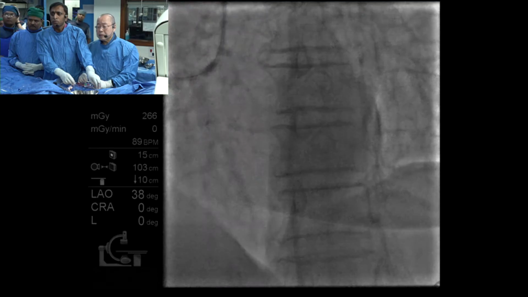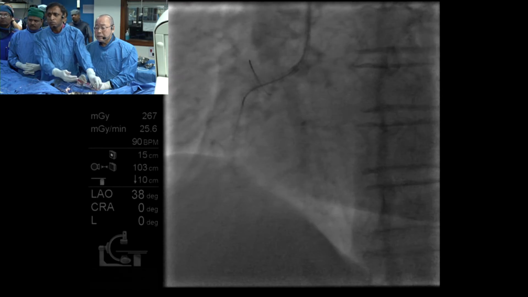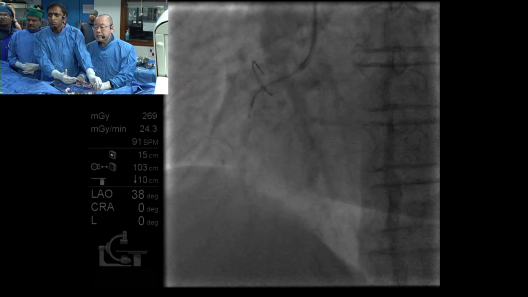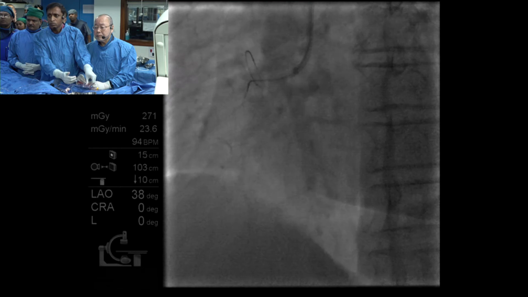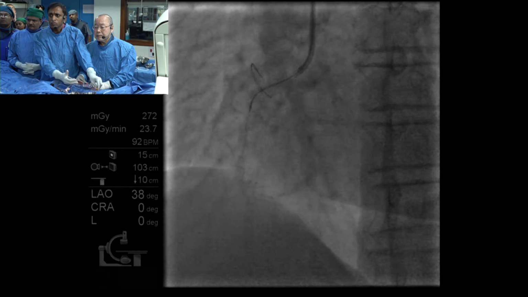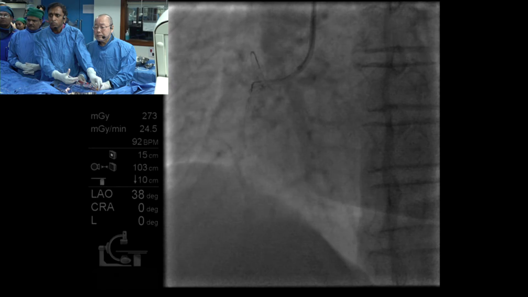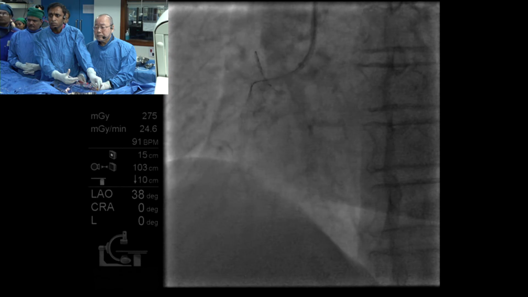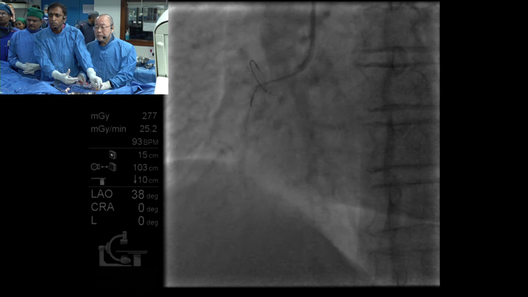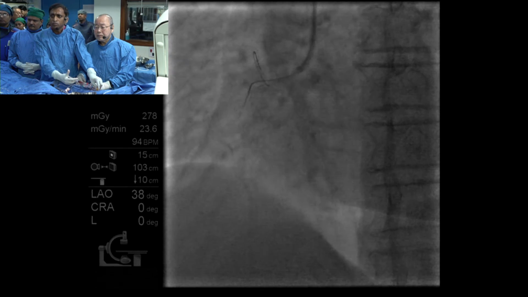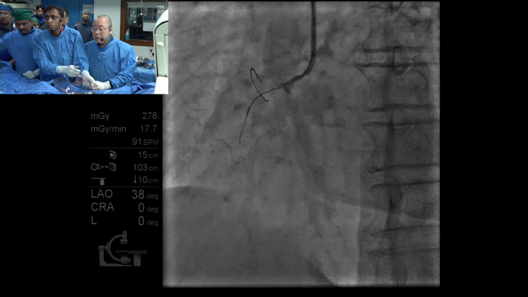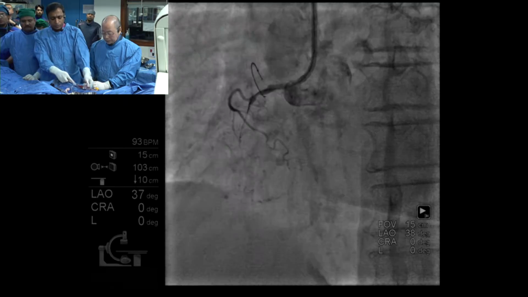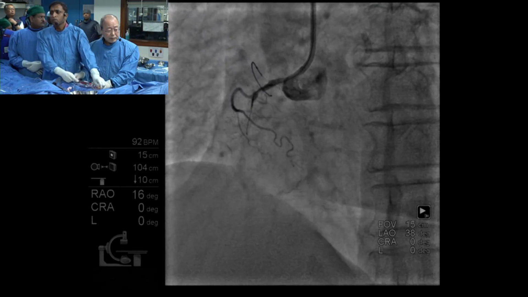Very unusual. Okay. And this one, still in the subintimal space, it looks like, right?